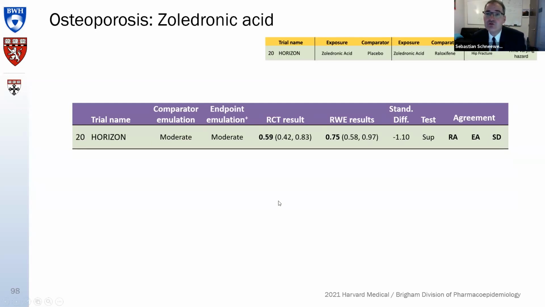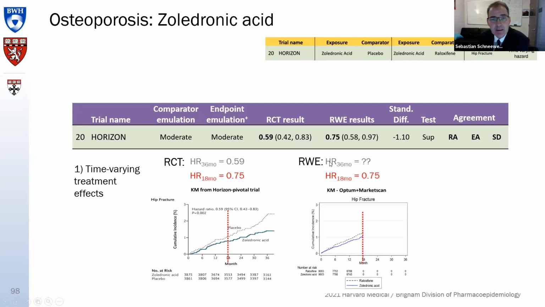HORIZON, our osteoporosis trial on zoledronic acid, the RCT finding was 0.59, we had 0.75. While we hit the agreement statistics, it's still puzzling us why we don't see a stronger treatment effect here. So we looked at the Kaplan-Meier diagrams from the randomized trial on the left side here.